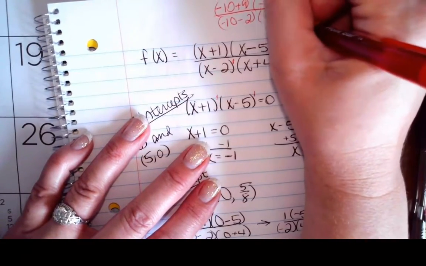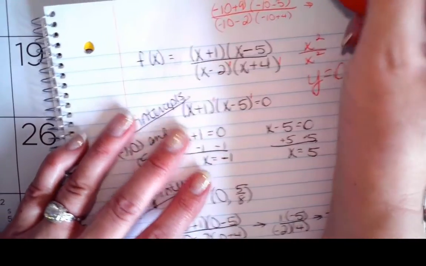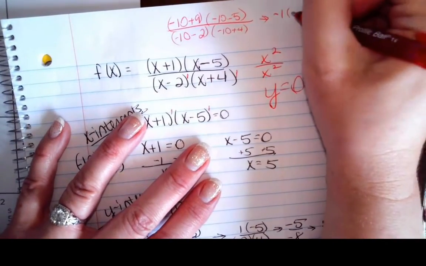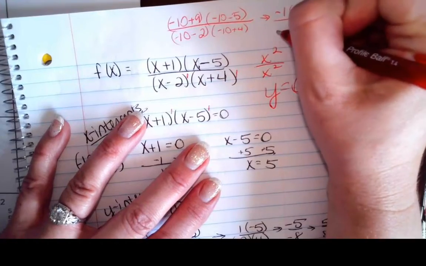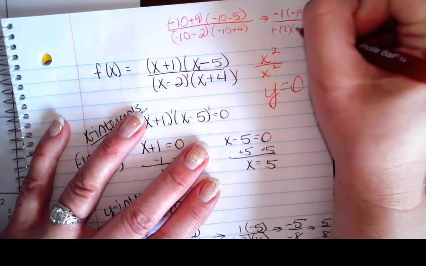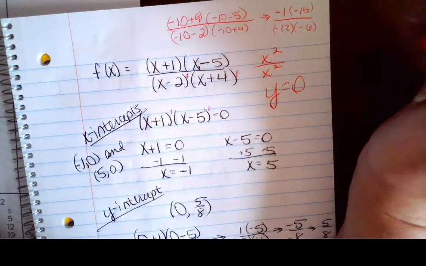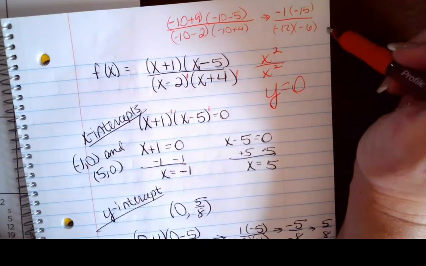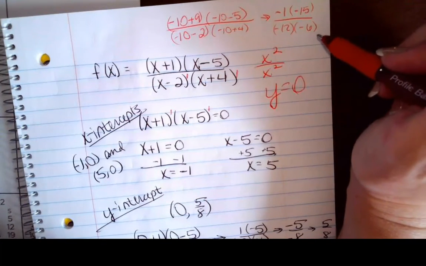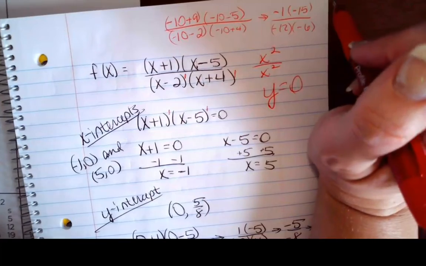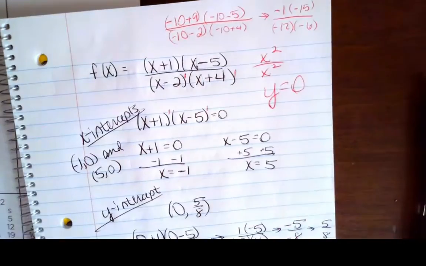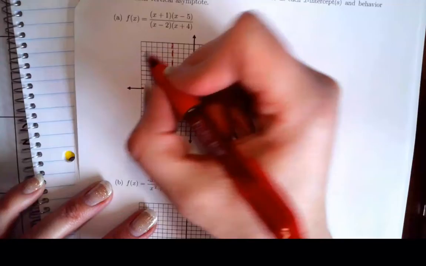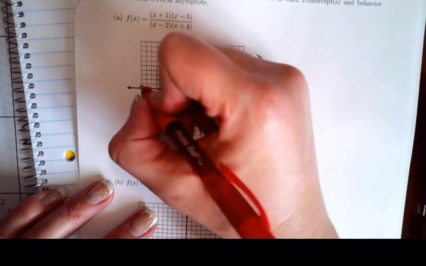So -10 plus 4, so what I'm going to get is -10 plus 9 is -1 times -15 over -12 times -6. So I get a positive 15 over a positive 72, which is a positive number. So I used a -10, and I'm up, what?